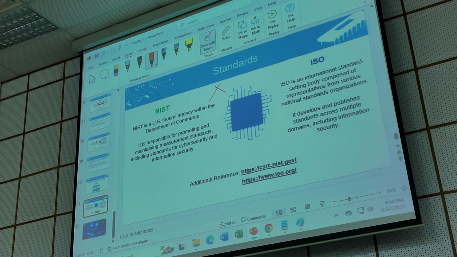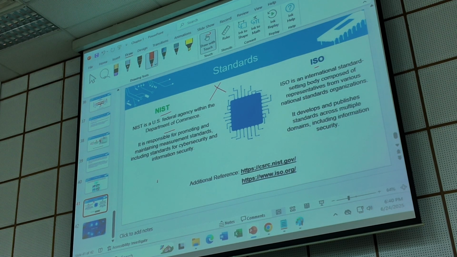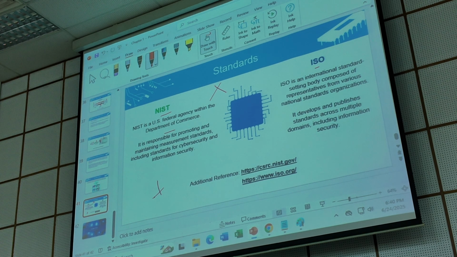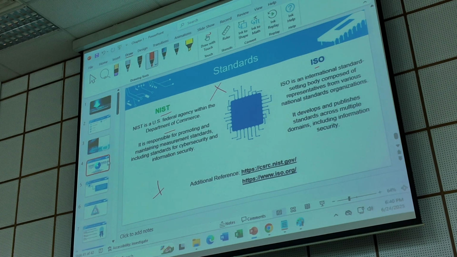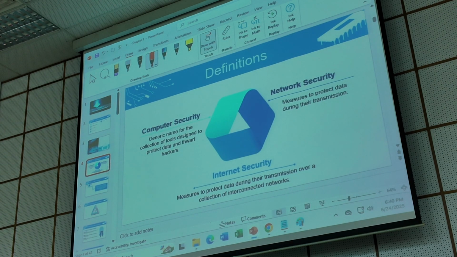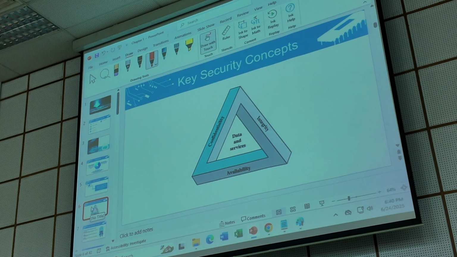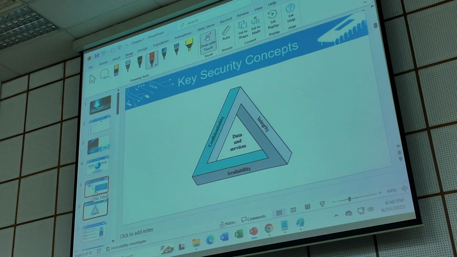So this one is a standard, you no need to read. Where the standard comes from, all this is not needed. The question will not ask you what this standard is and so on. So for this part, what is important? The three key security concepts. You need to know what confidentiality, integrity, and availability are.